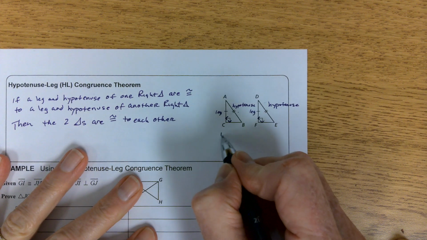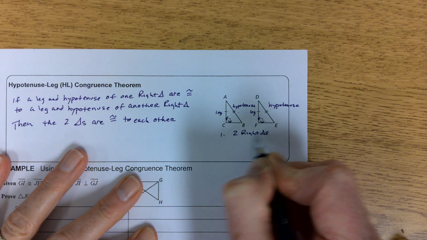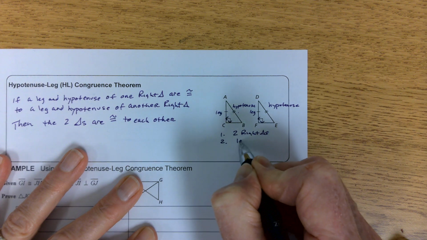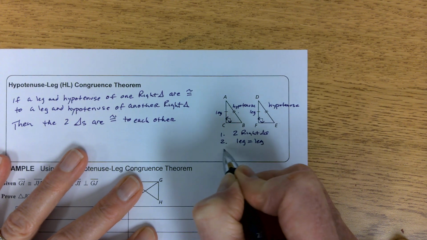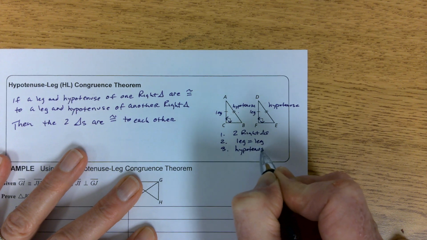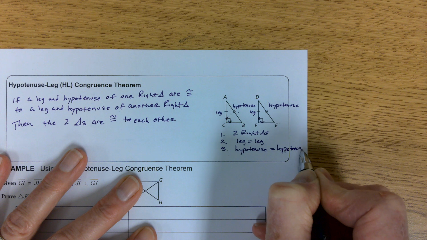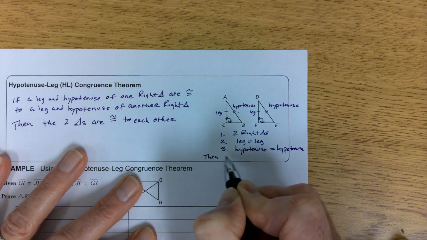Or you have to show that you have 2 right triangles. You have to show a leg equals a leg, and you have to show a hypotenuse equals hypotenuse. If you can do all of those, then the triangles are congruent.